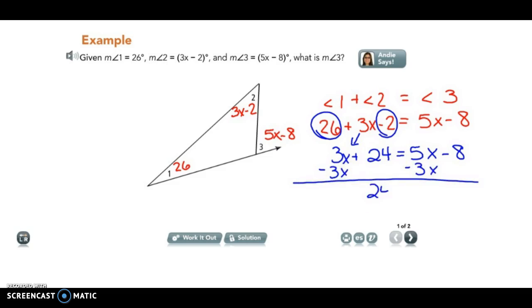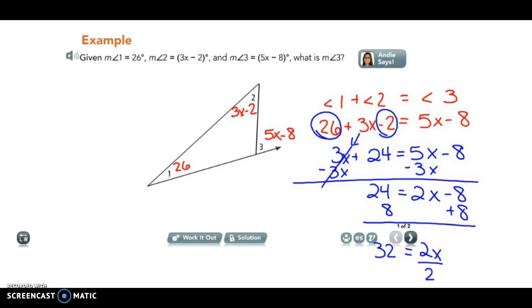And I'm going to have 24 equals 2x minus 8. I'm going to add 8 to both sides. I'm going to have 2x equals 32, and then I'm going to undo that by dividing it by 2. You should know how to do all of those kinds of math problems by now. So we have x equals 16.